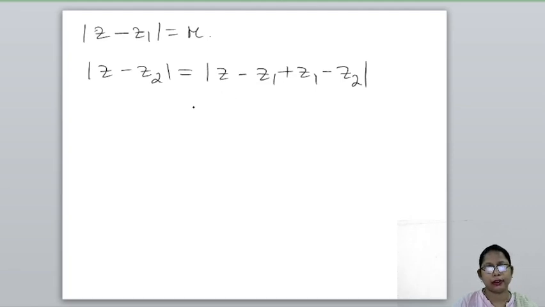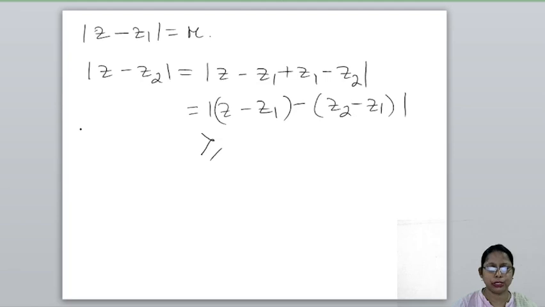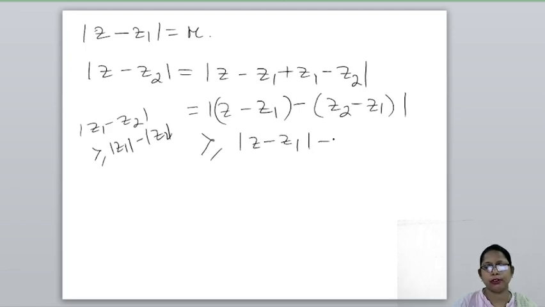In the next step, I will make some rearrangement, taking minus common in z2 - z1. By using the properties of modulus, I will get this one, |z1 - z2|, so |z - z2| is at least |z - z1| - |z1 - z2|.